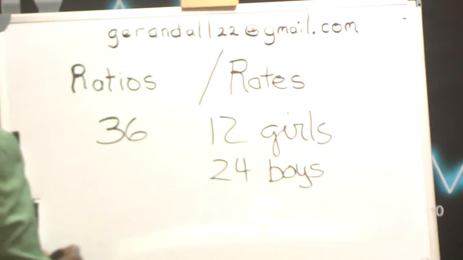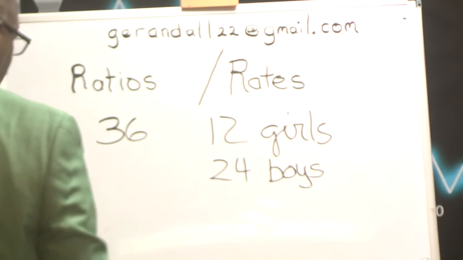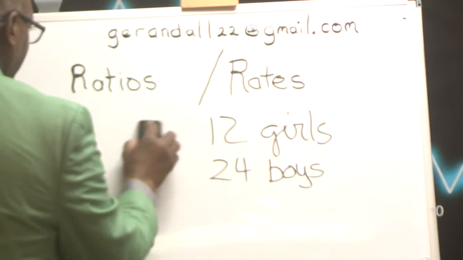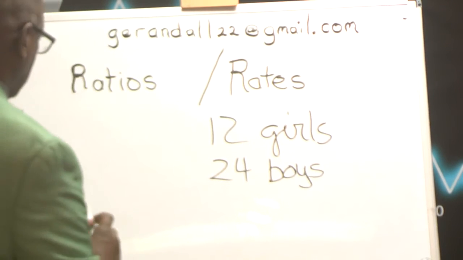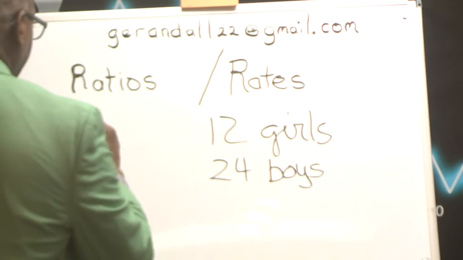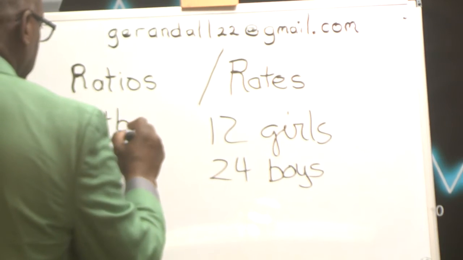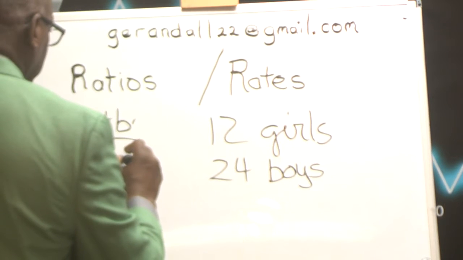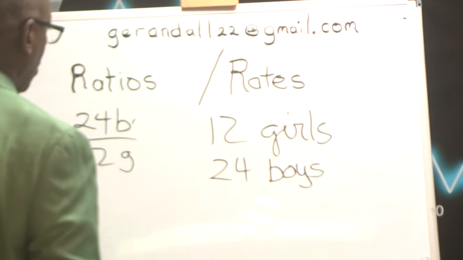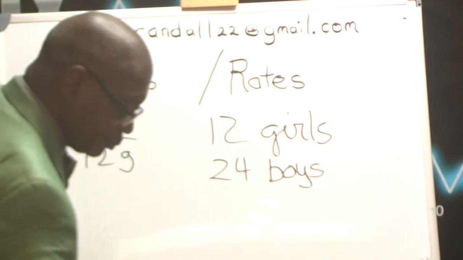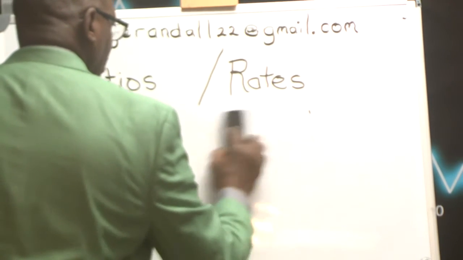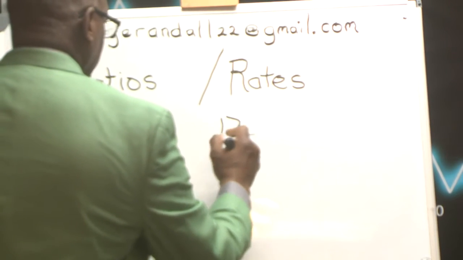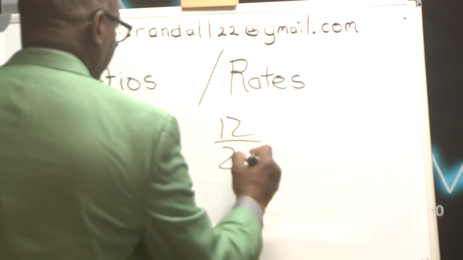We can then state this: there are 24 boys to 12 girls. Or we could go the other way and say 12 girls to 24 boys.